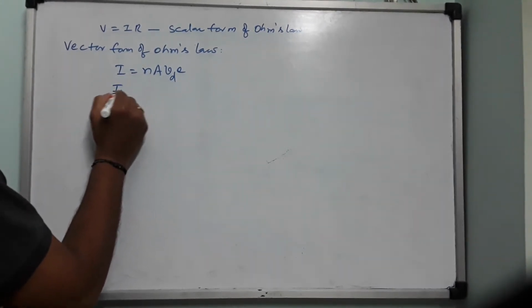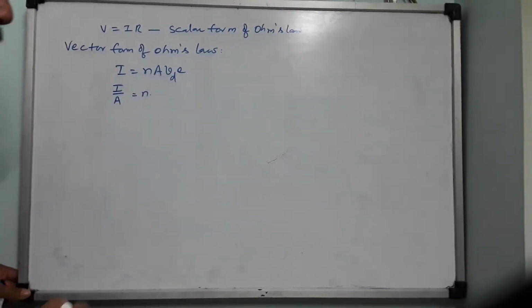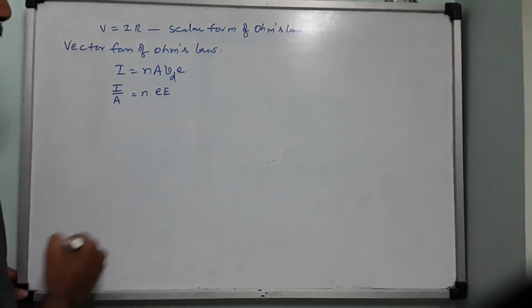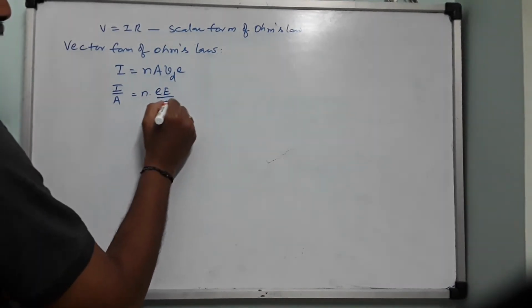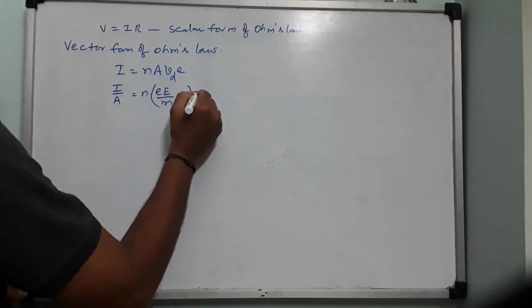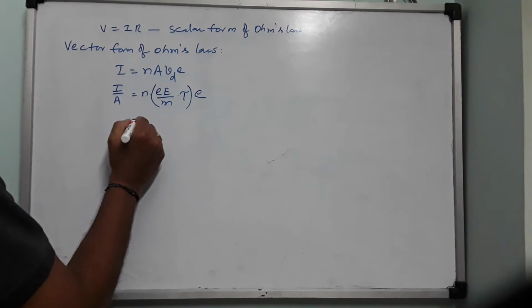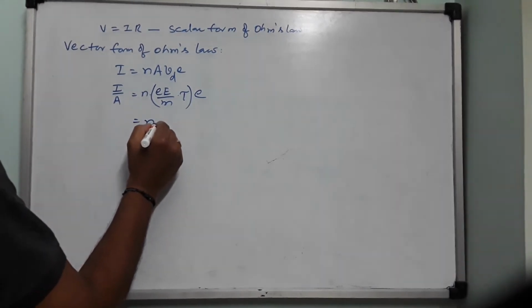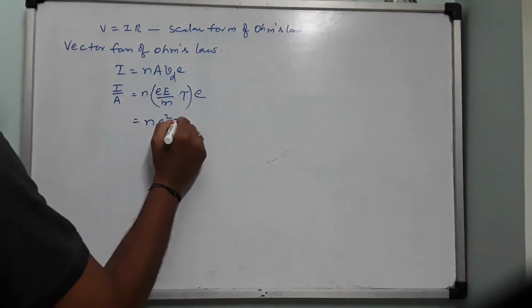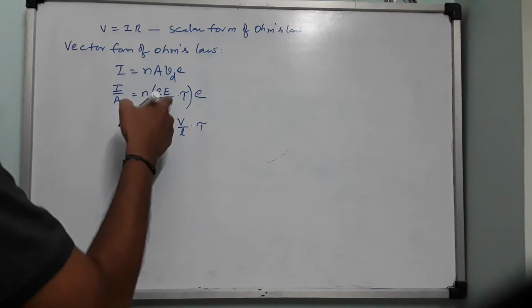So I divided by A equals N into Vd, the expression we have derived yesterday, e into E by m into tau. So this Vd value into charge on the electron as it is. This further will be expanded as N e square by m into V by L into tau.